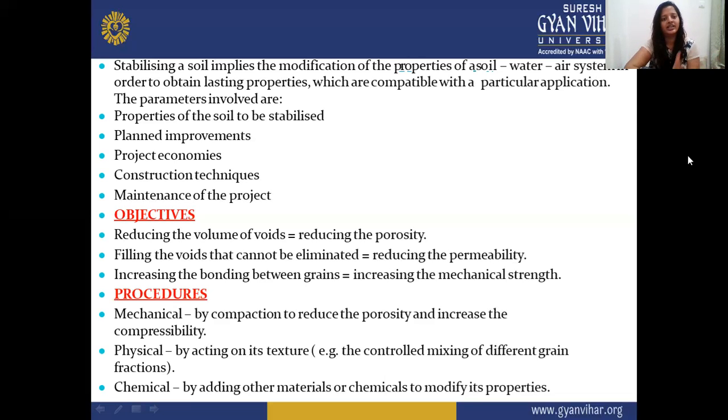Hence, you will not get the required result, and again, you have to consider other techniques or stabilization technologies. So again, you are wasting your time and money on modifications, because while planning the improvement method, you did not do your work.